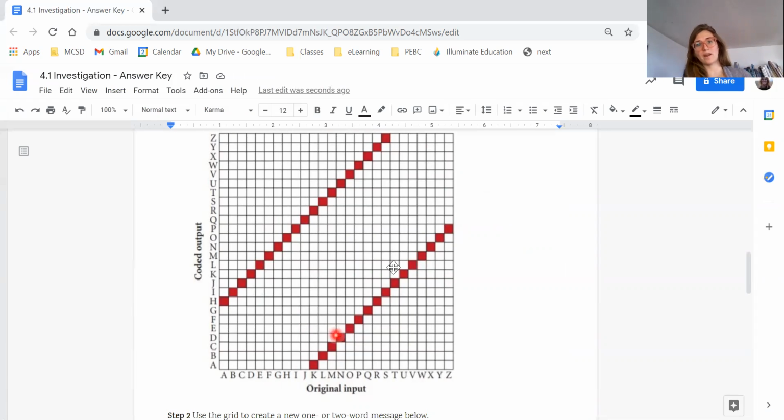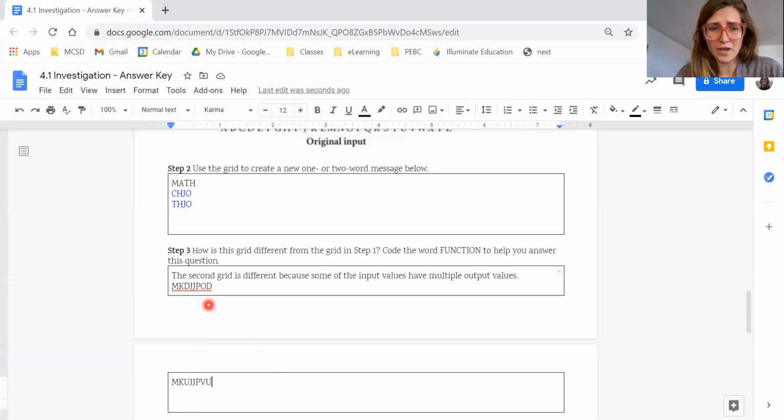Inputs can have more than one output in this second grid. And that makes it really difficult to code, because now when I go to uncode this, I'm probably not going to get function as my answer.